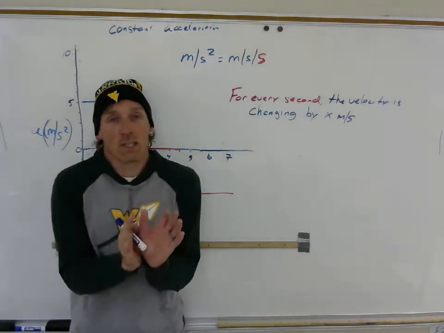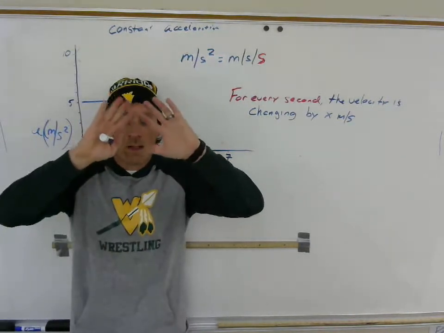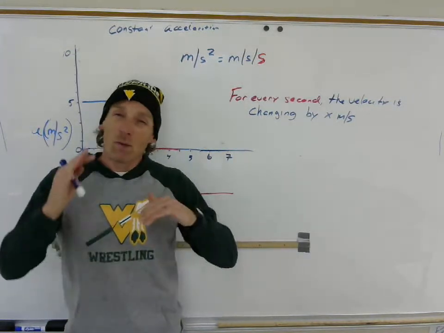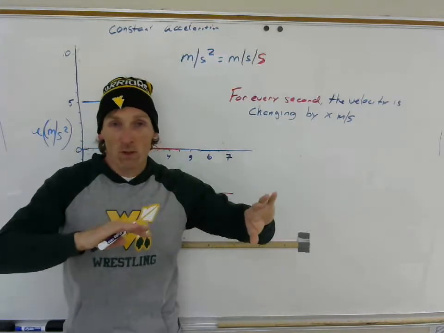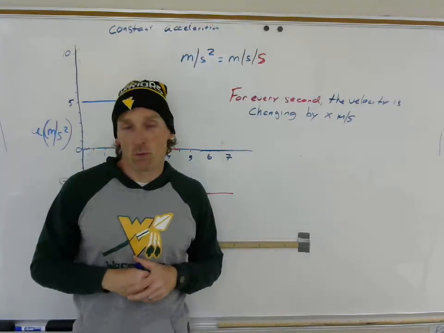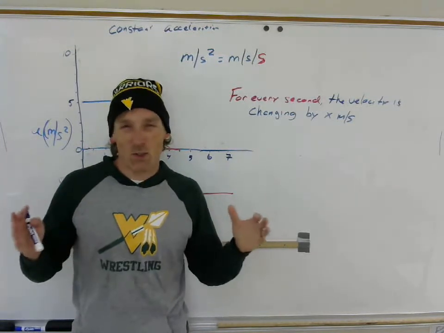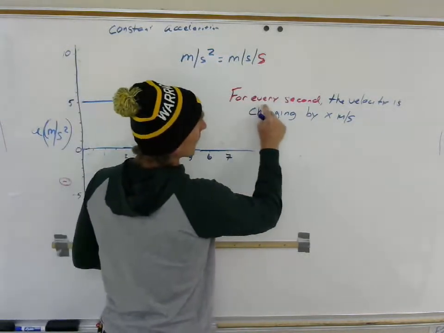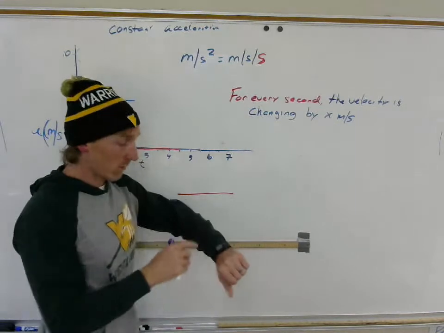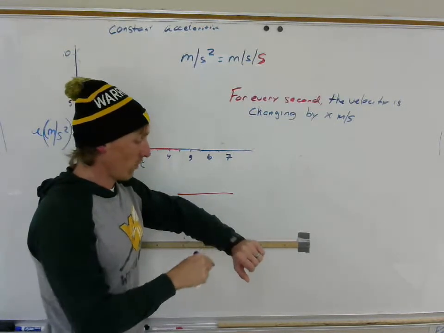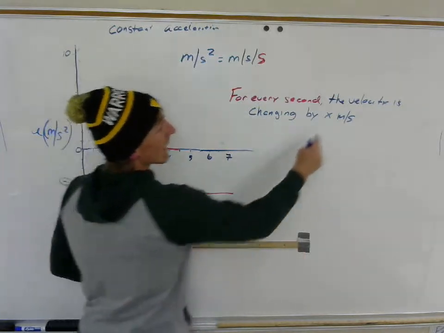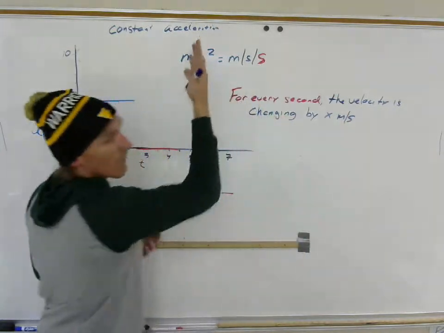One, being able to verbalize what acceleration is. We know that the equation is change in velocity over time. But I want to be able to also, when I see a number, not say it has an acceleration of 5 meters per second squared, and not really know what the squared part means. All right? What it means is that for every second that passes, clock's ticking, 1 second, 2 seconds, 3 seconds, for every second that is going by, the velocity is changing by whatever that number would be.